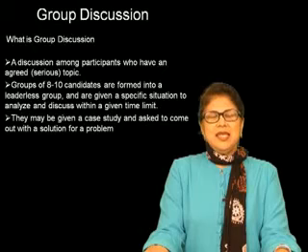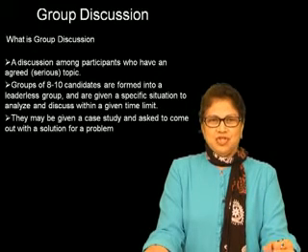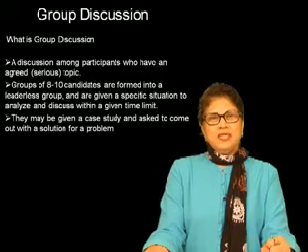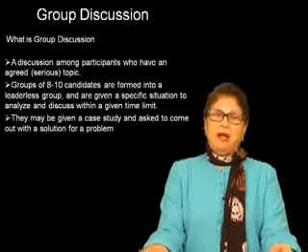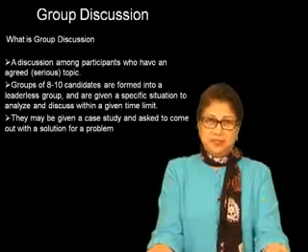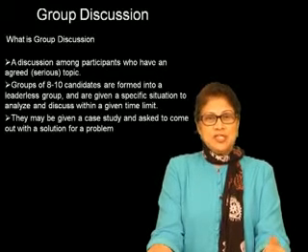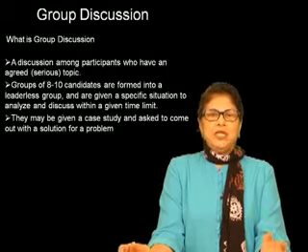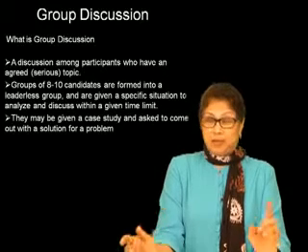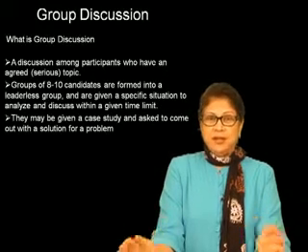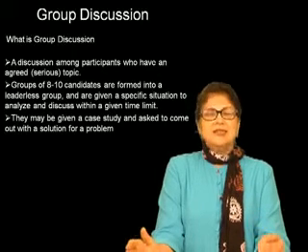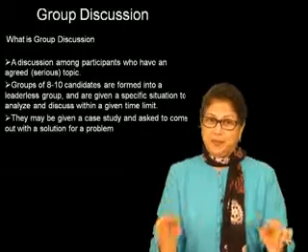So, let's see what a group discussion is. This is a discussion among participants who have an agreed topic given to them. Also, group discussions take place when 8 to 10 candidates are formed into a leaderless group, mind you, a group where there is no leader, and are given a specific situation to analyze and discuss within a given time frame.